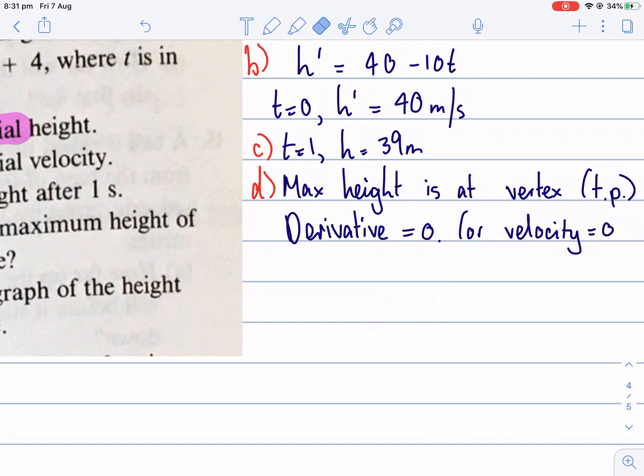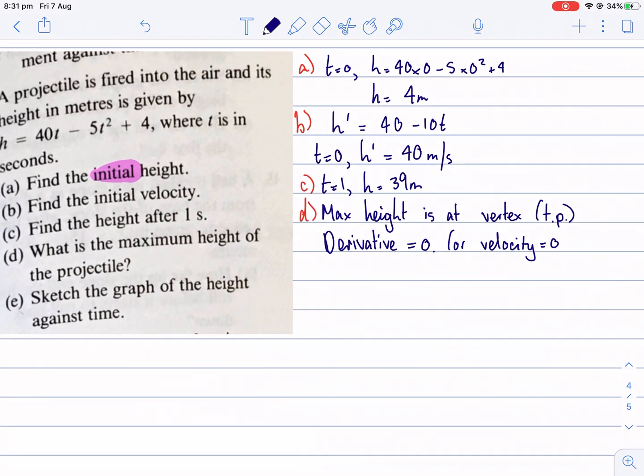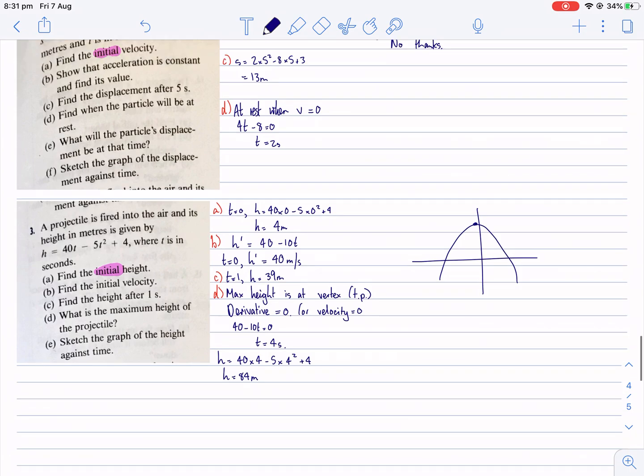That's not actually in the Year 11 course, it's in the Year 12 one, but we'll do it. So we've got 40 take 10t equals 0, t equals 4 seconds. So the height is 40 times 4, take 5 times 4 squared, plus 4. 84 meters. And I'm not going to sketch it.